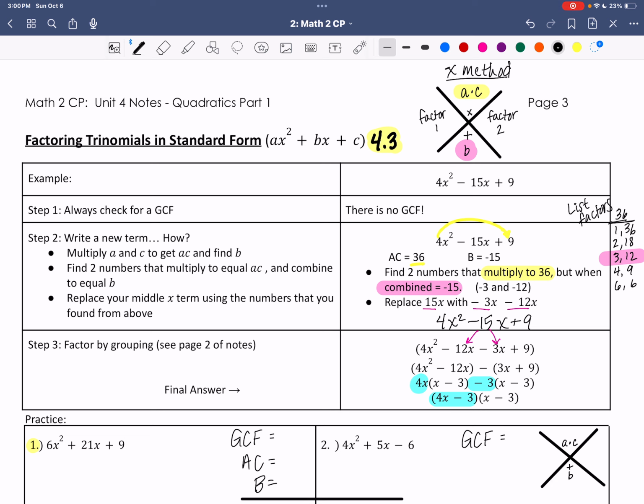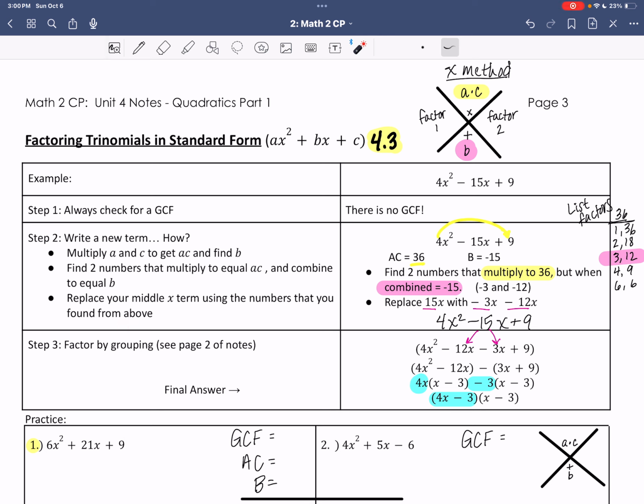All right. So now, once you get here, and notice, we're going to break this negative 15. We said if we make this a negative 12x, and we make this a negative 3x, that's your negative 15 there. Now, once you get to this part, now you can start grouping.